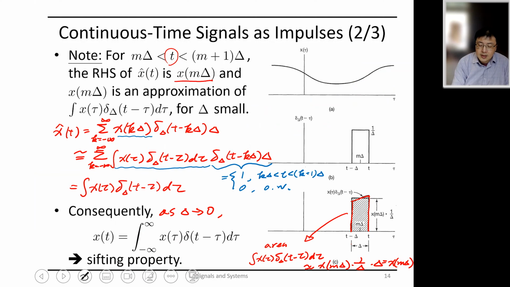We know that the left-hand side converges to x of t, and that the right-hand side, because this very short pulse converges to a delta function, converges to the integral of x of tau times the delta function delta of t minus tau d tau. Therefore, we get this equation here, which is basically the equivalent of the shifting property in the continuous time case.